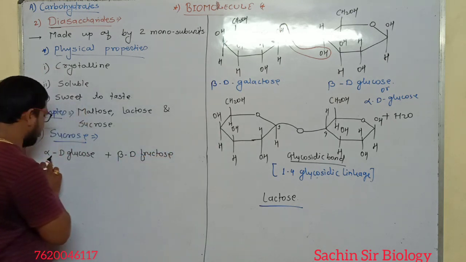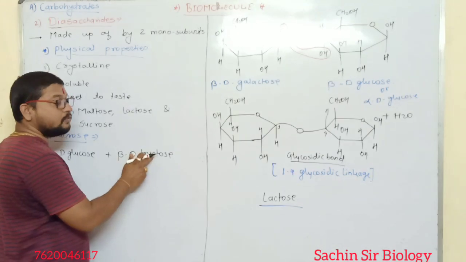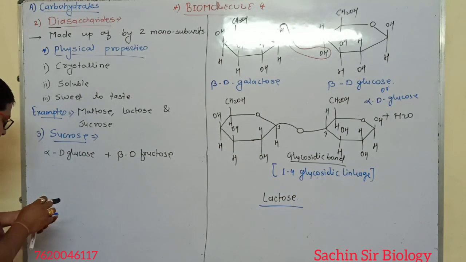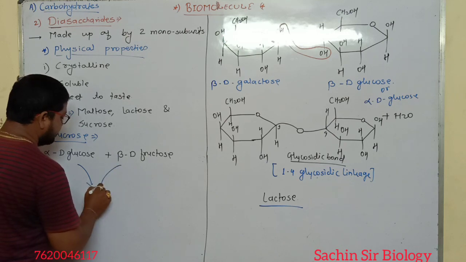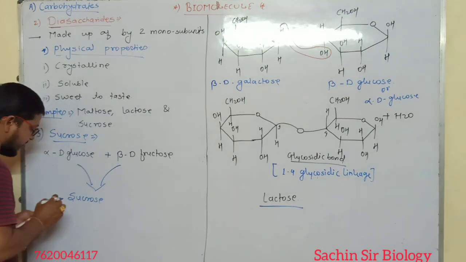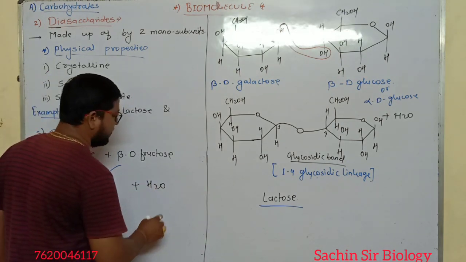Here you can write alpha D glucopyranose and beta D fructofuranose. Understand? By the condensation of two monosaccharides, it produces sucrose and a water molecule is removed.